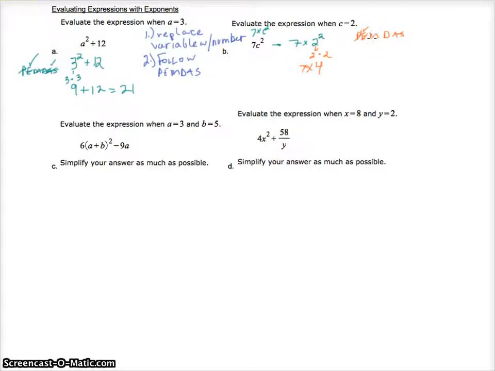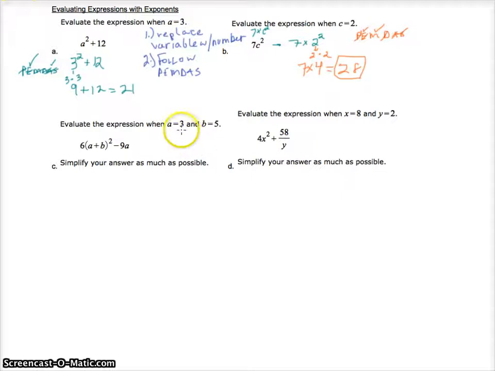So my exponent's done, and now I have to multiply. 7 times 4 gives me 28. And then I didn't have divide, add, or subtract, so I just had parentheses, exponent, and multiply. Let's look at this next one.